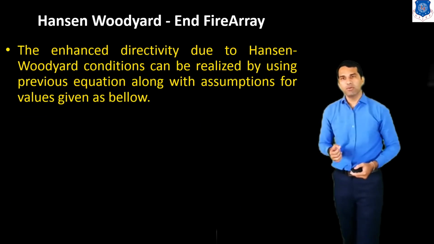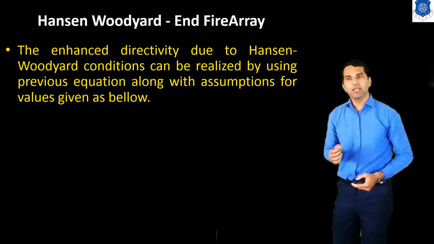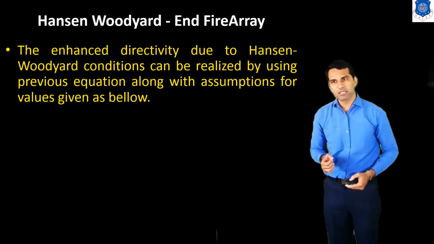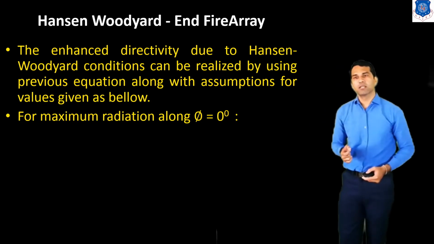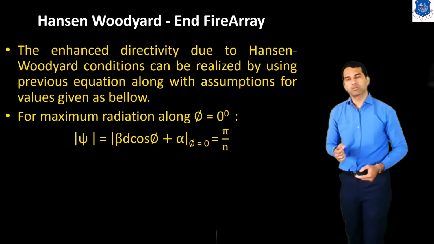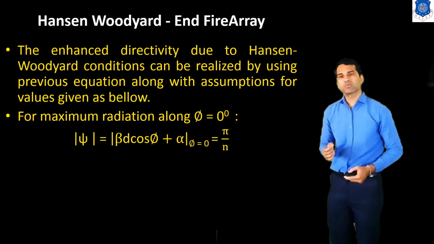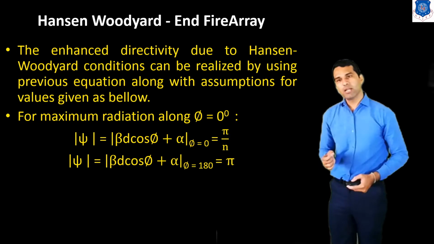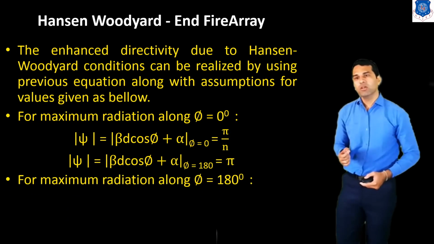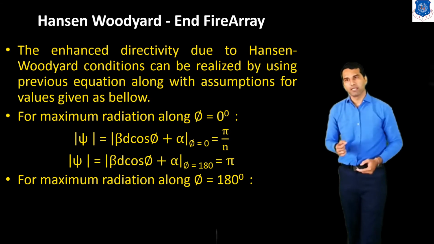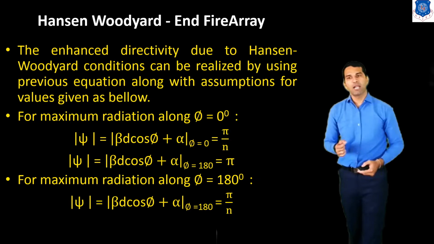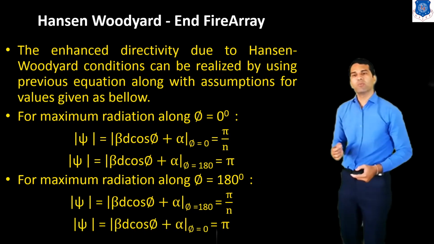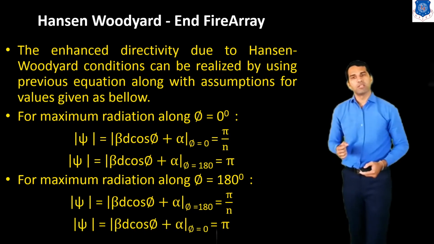The enhanced directivity due to the Hansen-Woodyard condition can be realized by using the previous equation along with the assumption for the values given below. For maximum radiation along phi equals 0 degree, the condition is psi equals beta d cos phi plus alpha; at phi equals 0 the value is minus pi by n, and at phi equals 180 degree the value is pi. For maximum radiation at phi equals 180 degree, psi equals beta d cos phi plus alpha; at phi equals 180 degree it is pi by n, and at phi equals 0 it is minus pi.